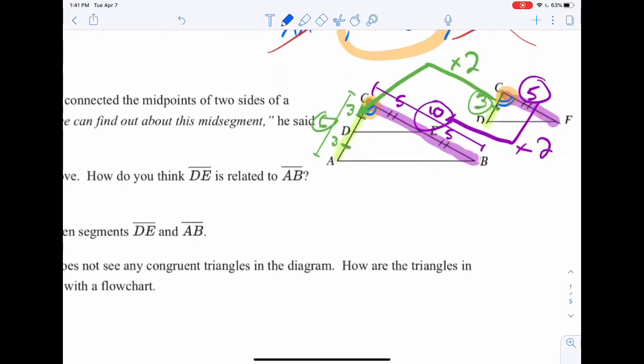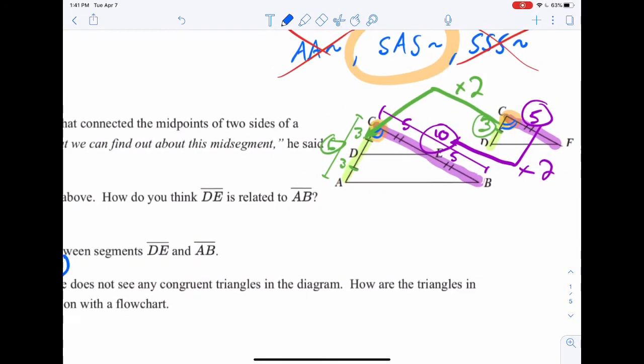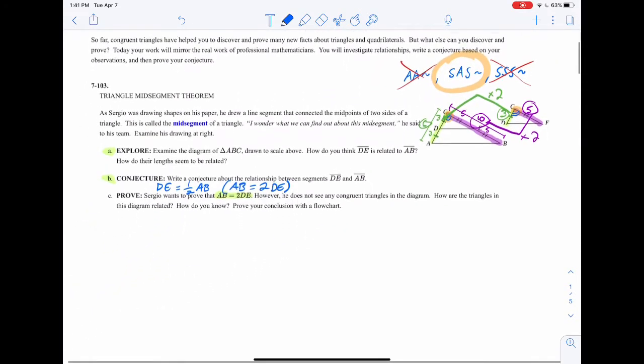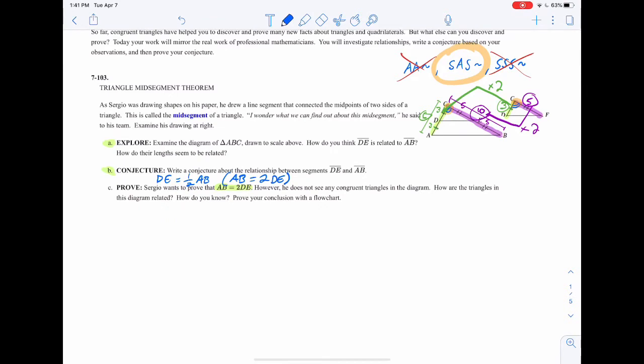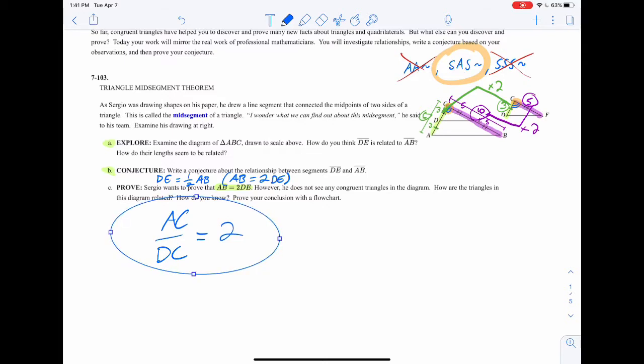Since I made up these numbers 3 and 5, I'm not going to use numbers in my flowchart, but I am going to use the sides. So I could say side AC over side DC equals 2. And then I could also say that side BC over side EC equals 2.